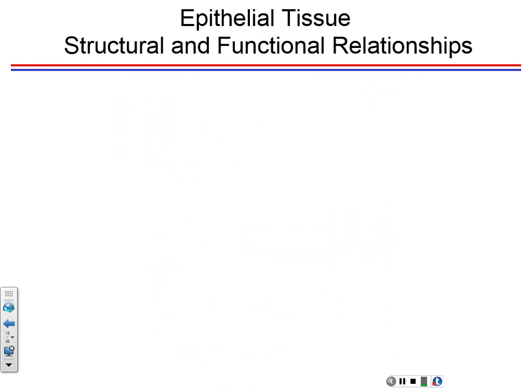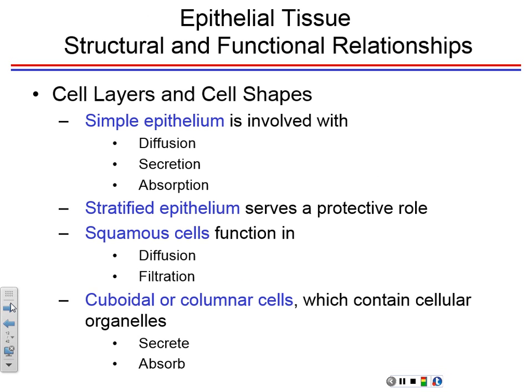So, more epithelial tissues, functional relationships to structure. That's why we always do this together, anatomy, physiology, very closely related. And so, simple, you have one layer, and usually they will be flat too because of the diffusion.